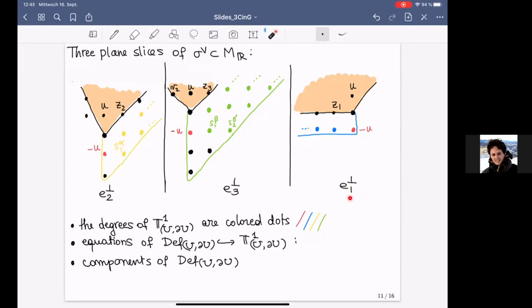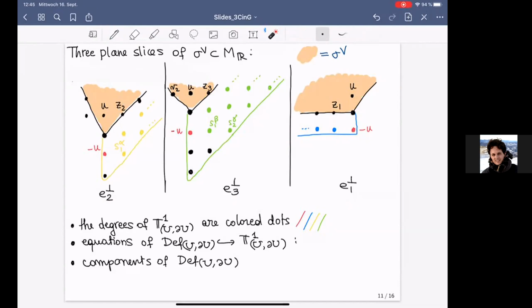So here I have E1 perp, E2 perp, and E3 perp. These pictures are just the pictures of these 3 planes. And the shaded area here is just sigma dual, the cone sigma dual. And remember that there was the point U, which was the Gorenstein degree inside. And then there were Z2, Z3, and Z1, and also other lattice points.